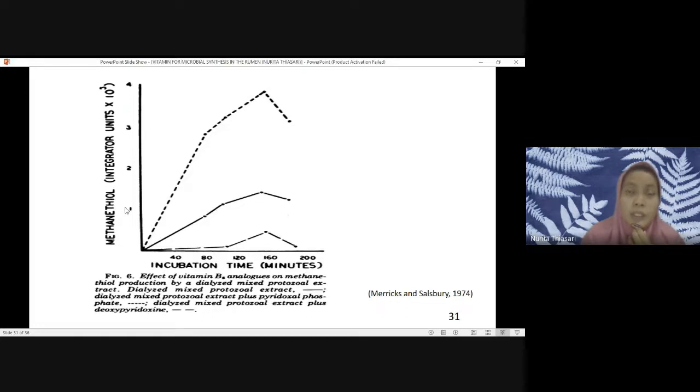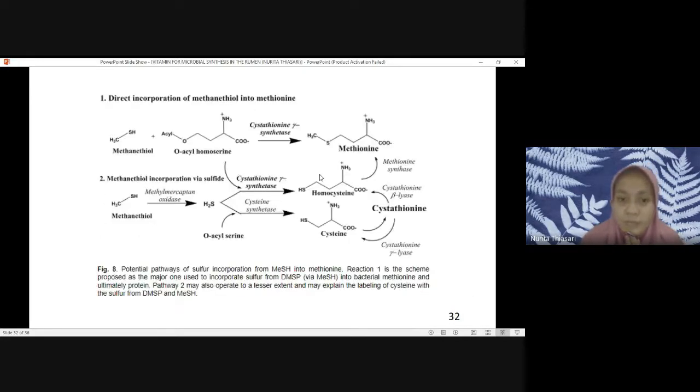Metanetiol will relate with the methionine production. So this one, the mechanism of the metanetiol related to the methionine. The first one is the direct incorporation of the metanetiol into the methionine. The metanetiol plus the O-acyl homoserine with the enzyme cystathionine synthetase becomes the methionine.